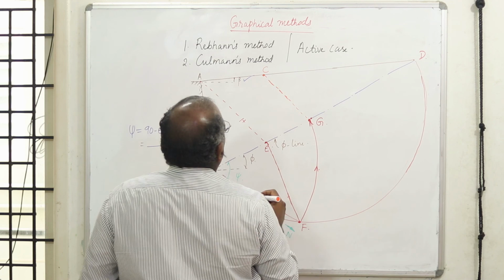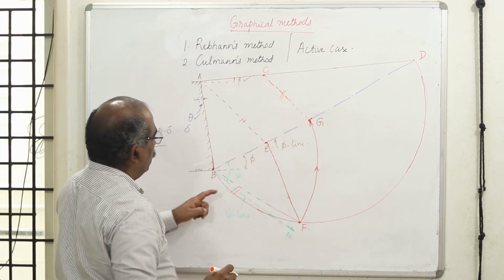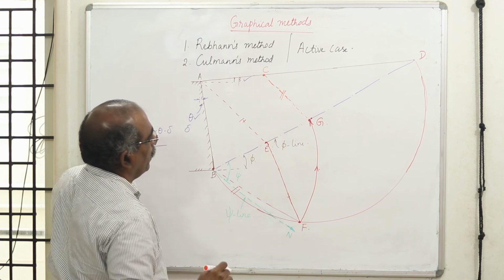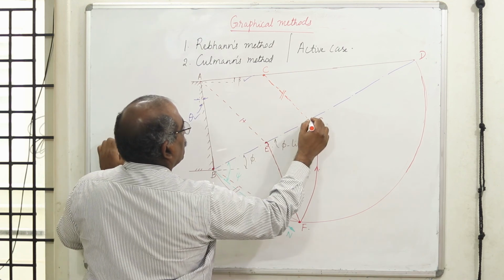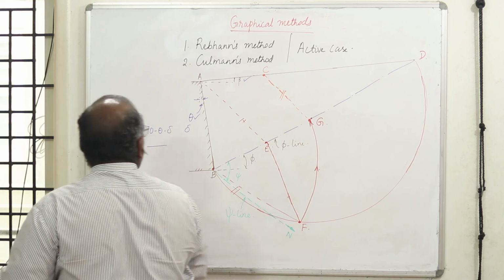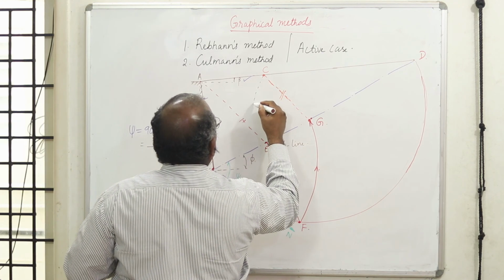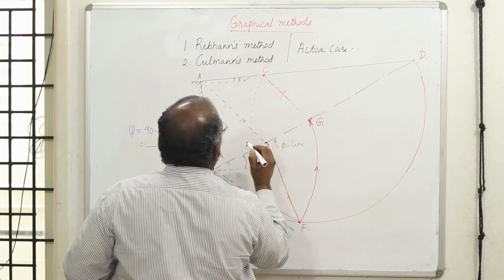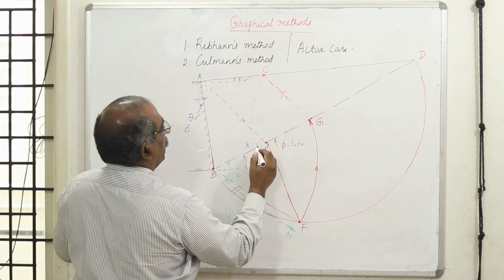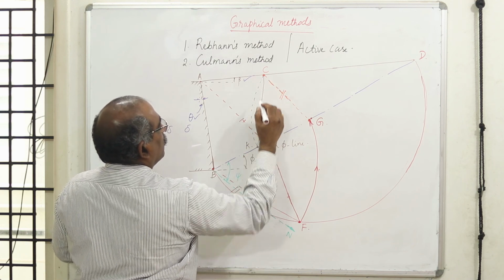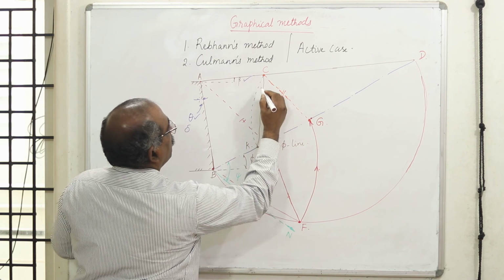See, this psi line, this line and this line are all parallel. From here, with G as center, I draw an arc. It will cut the phi line at point K. I'll join KC.